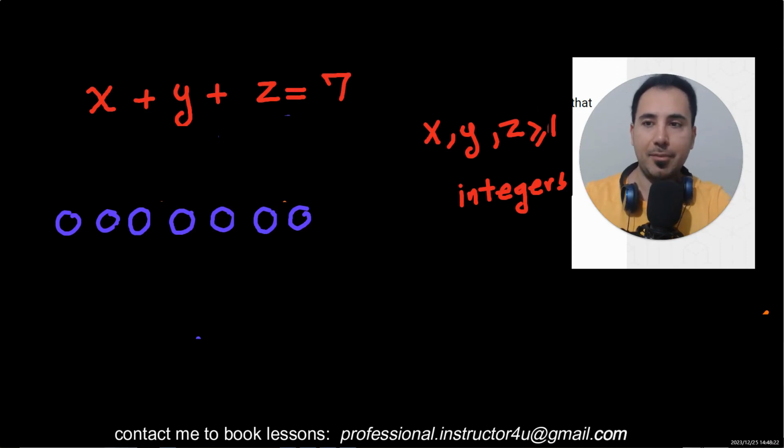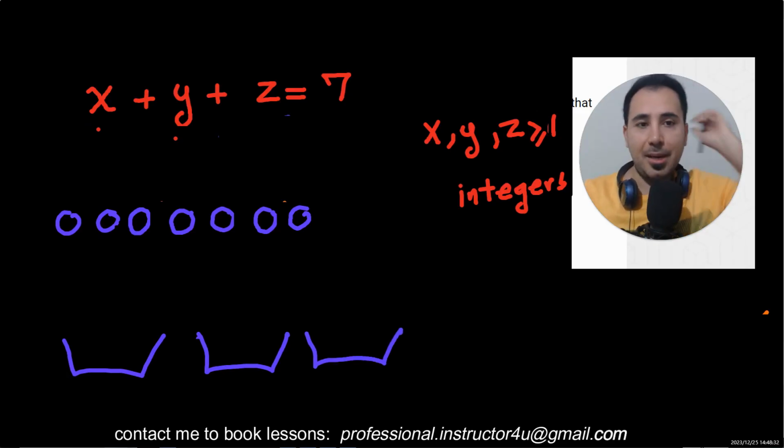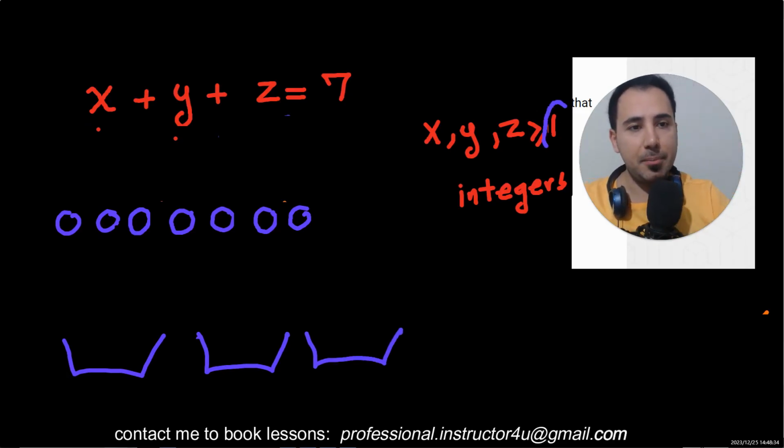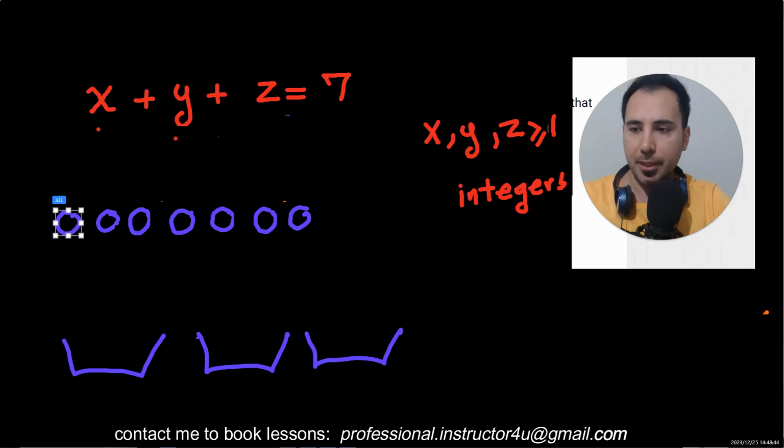So we have 3 variables. We have 3 baskets. Now, because it says all of them are going to be at least more than 1, we just make the question easier because all of them need 1. So I'm going to just pick this one.